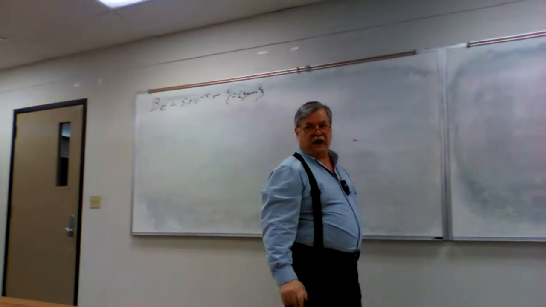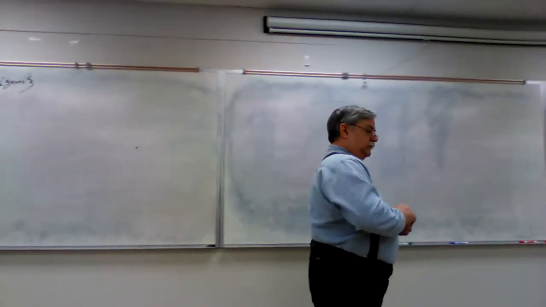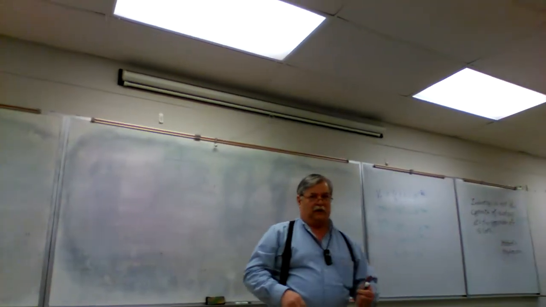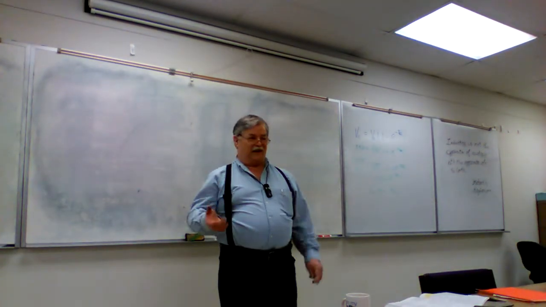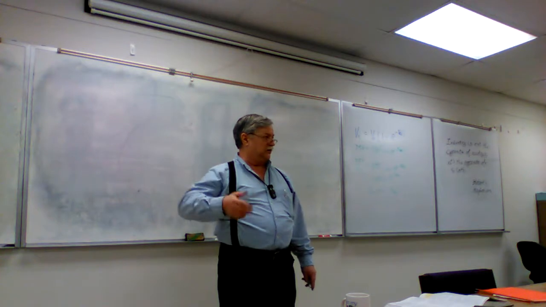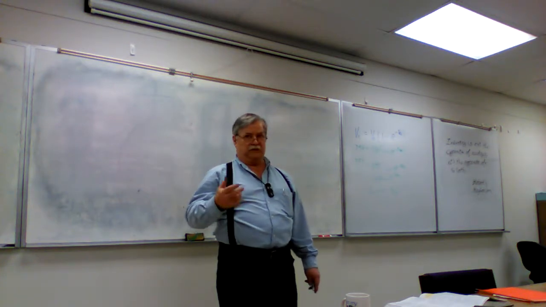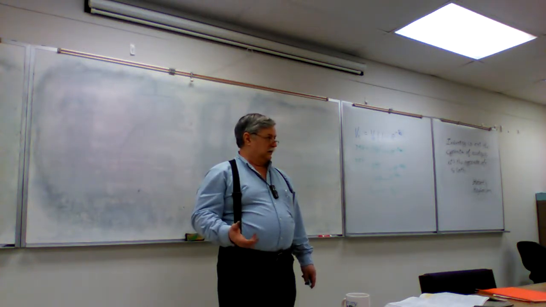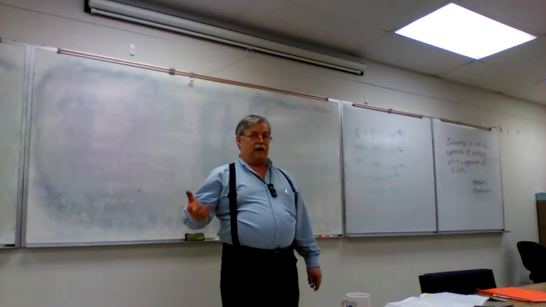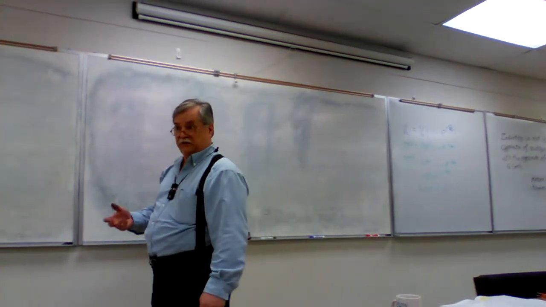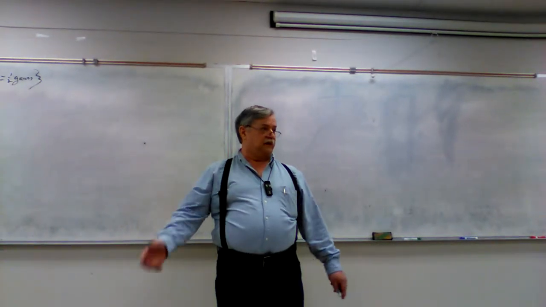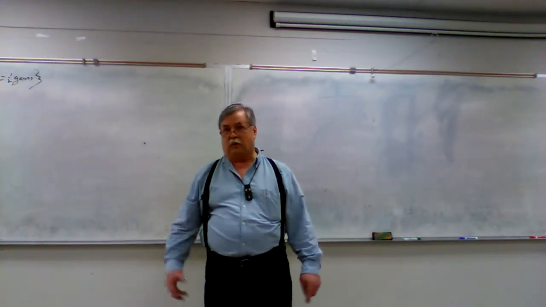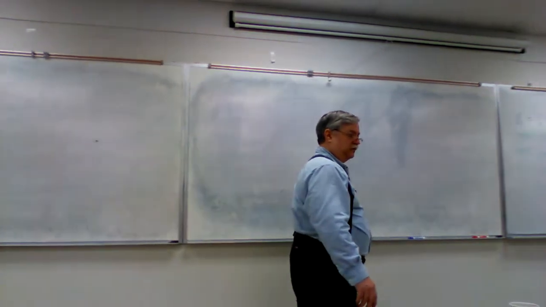Not that we're ever going to use Gauss. But if you'll recall, 1 Tesla is 10,000 Gauss, or 1 times 10 to the 4 Gauss. So a Gauss is 1 times 10 to the minus 4 Tesla. And the Earth's magnetic field is about half of that, or 5 times 10 to the minus 5, or 0.5 times 10 to the minus 4.